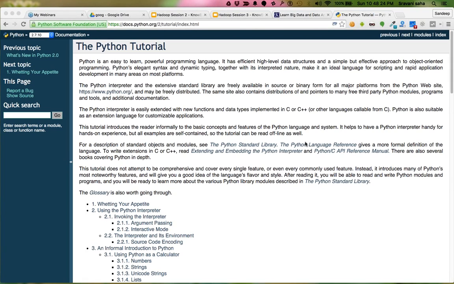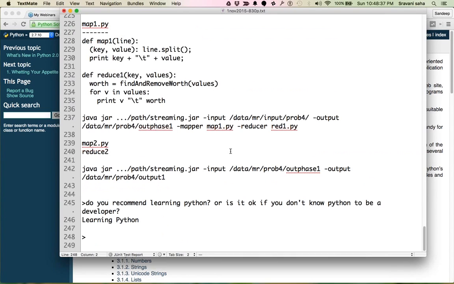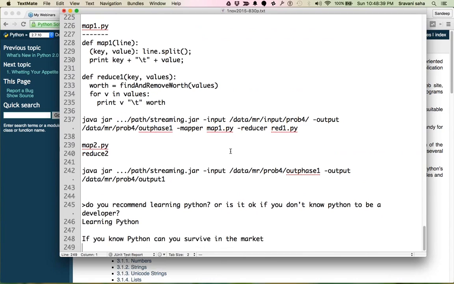Now there's a question from Bala. The question is, if you know Python only, can you survive in the market? That I don't know. Looks like lots of companies are moving to Python. But if you are focused on building things, you can do everything in Python.